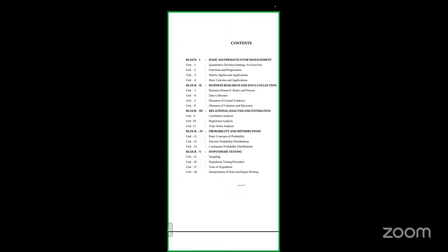There are five blocks, 18 units overall. We have only 8 weeks to cover 18 units, so roughly 8 to 10 classes. Each week, in one hour, we have to cover one or two units. Only then can we cover the entire syllabus.